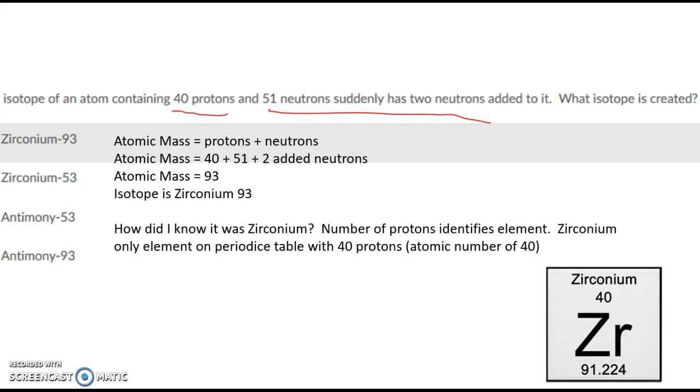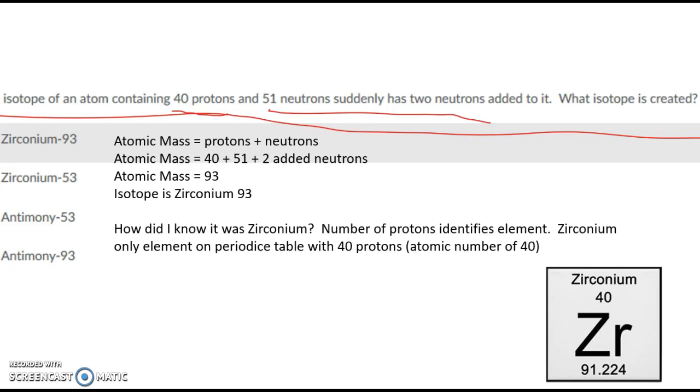Next, we have to figure out which element we're talking about. This didn't tell us anywhere in the directions up here. It didn't say anything about it being zirconium, so how did I find out that this was zirconium? I referred to the periodic table, and remember, protons equals the atomic number, and elements are arranged on the periodic table by their atomic number.